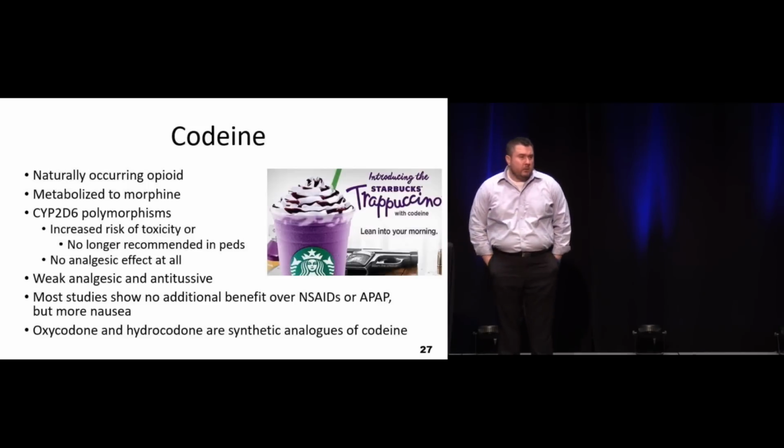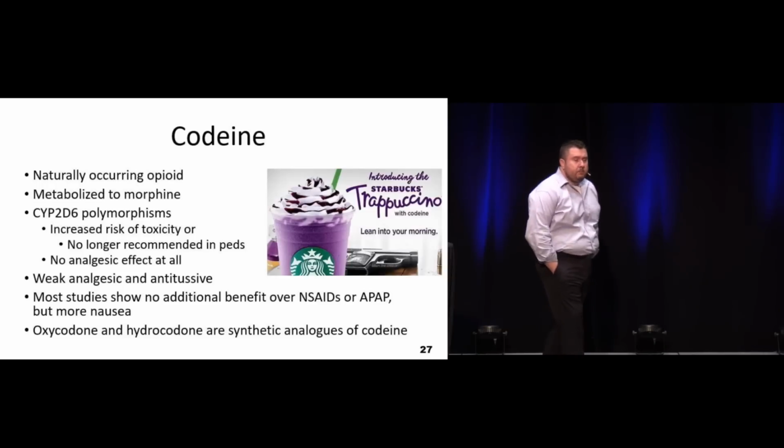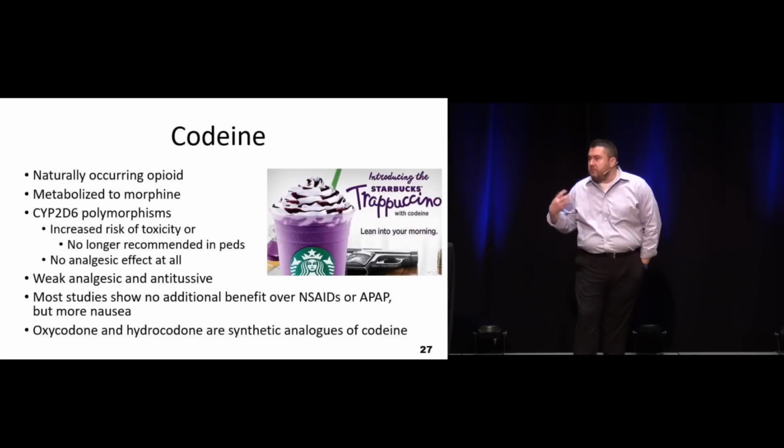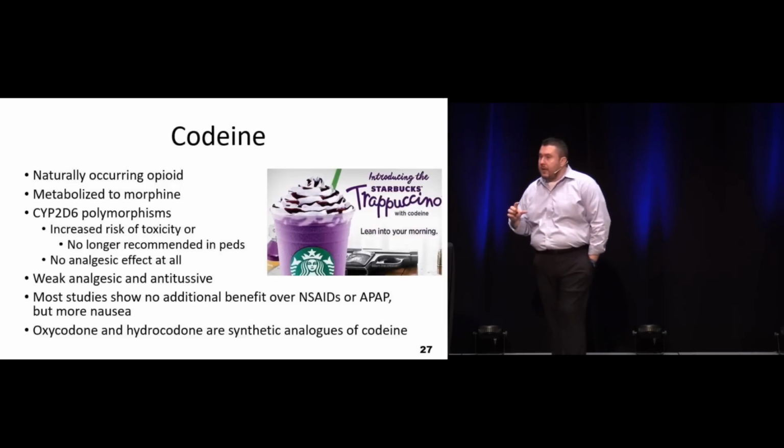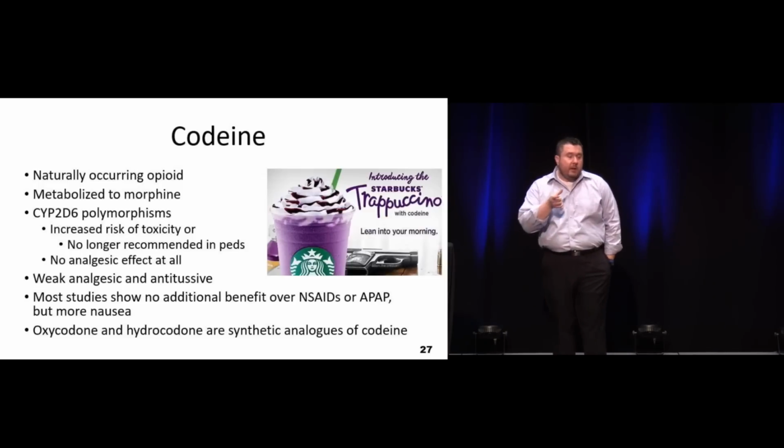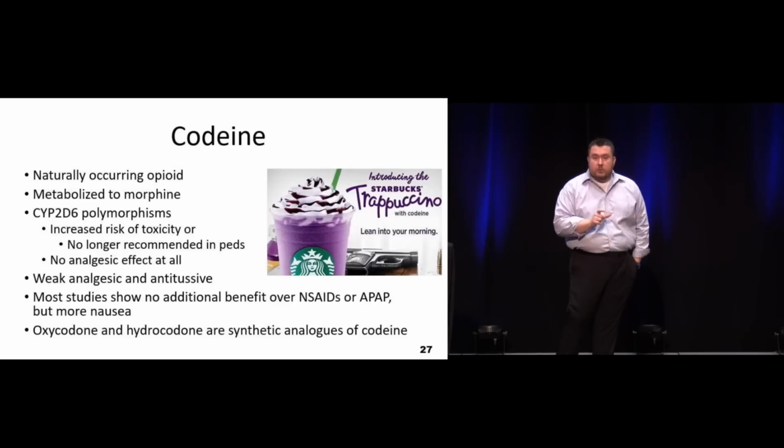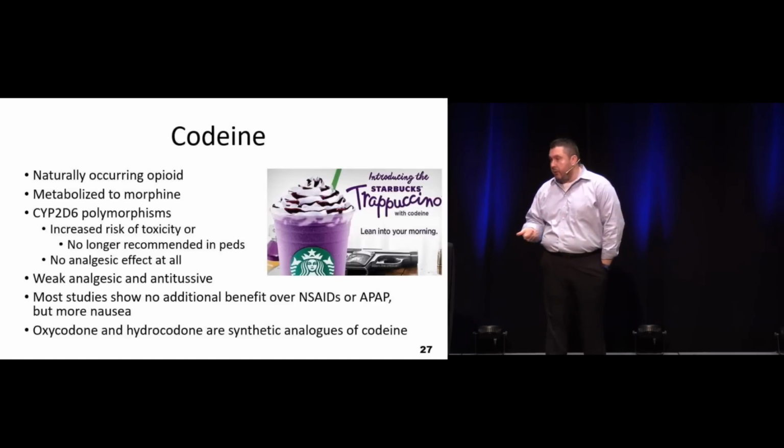What about codeine? For years, we used lots of codeine. We used it a lot in OB, a lot in peds. For codeine to have its biggest analgesic effect, it has to be metabolized to morphine. And what we're seeing is a lot of people have a polymorphism that makes them either rapid metabolizers or slow metabolizers of codeine.